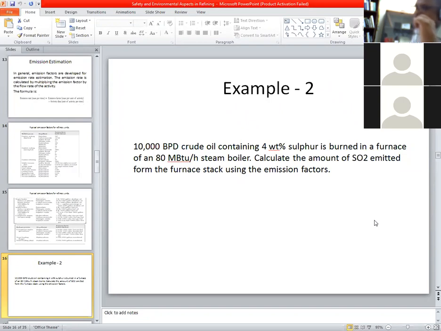Yes, clear. Okay, can you repeat how you can do this calculation, how you can calculate the amount of sulfur dioxide?